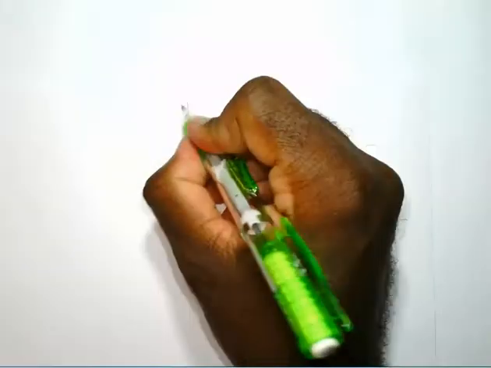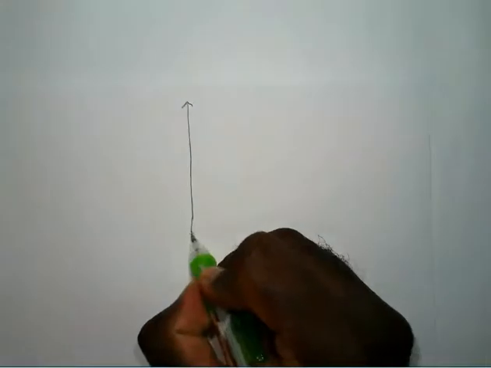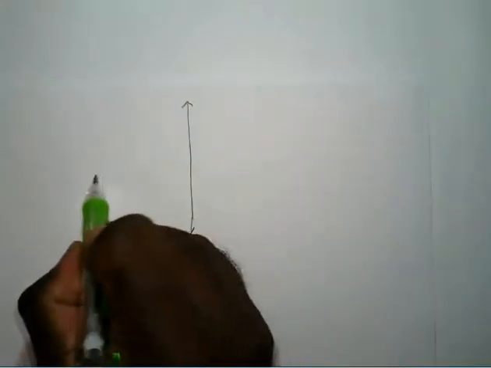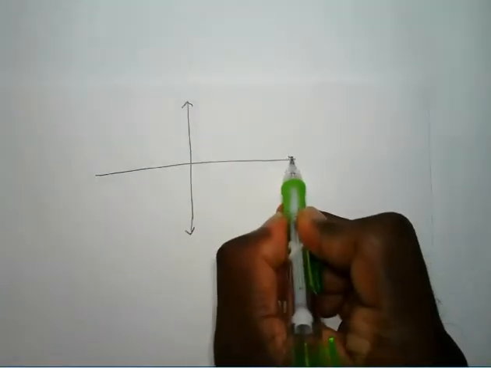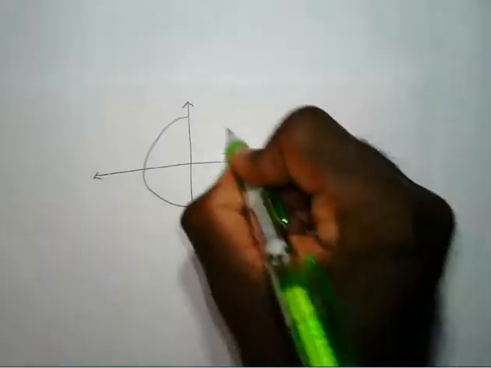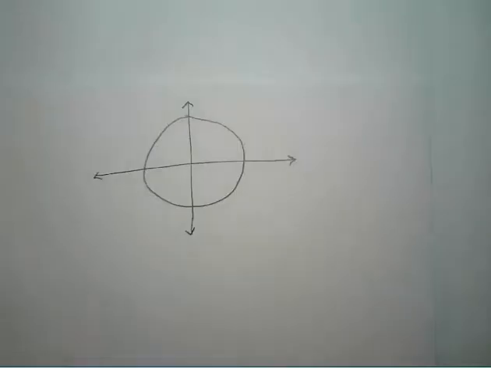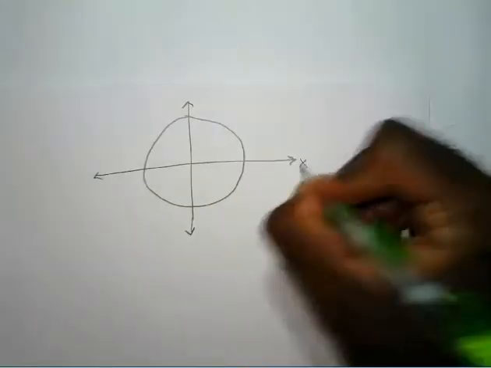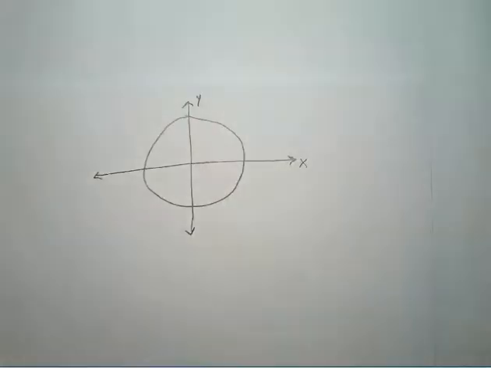Alright, so now, again, we're going to draw another unit circle. Again, it doesn't have to be perfect, just for visual effect. Okay, so we have our x-axis and our y-axis.